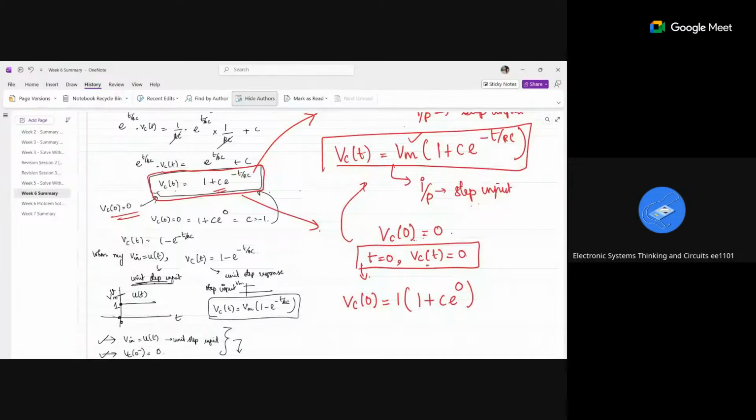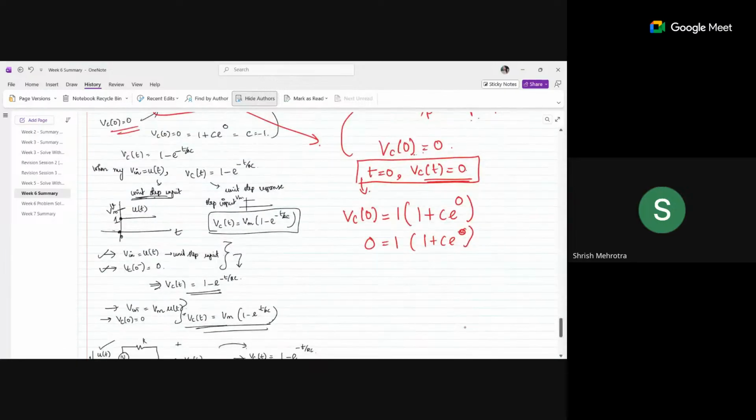And Vc at 0 is 0. So 0 is equal to 1 plus C e power 0. We calculate what is the value of C. This initial condition is used to calculate C, right? So what is the C value you'll get? Minus 1.